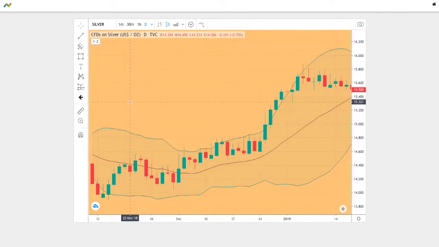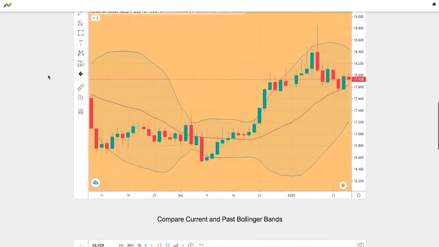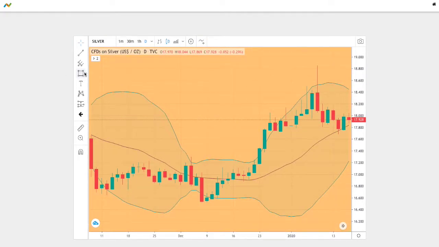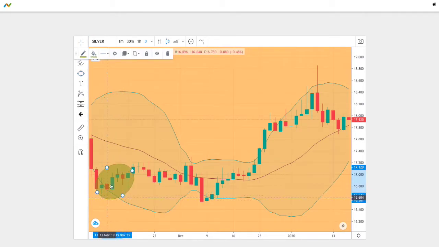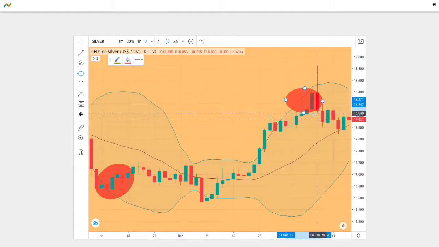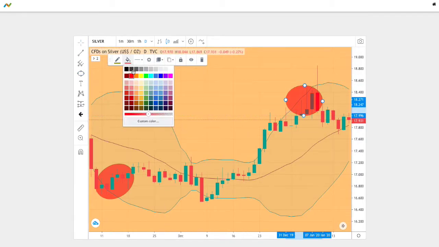This trend dates back to November 8th, 2018 to January 17th, 2019. So let me point out why these two charts are similar. In the current trend, we start off slightly below the middle Bollinger Band, touching the bottom Bollinger Band, and then we proceed to touch the upper Bollinger Band, or an average above the middle Bollinger Band.